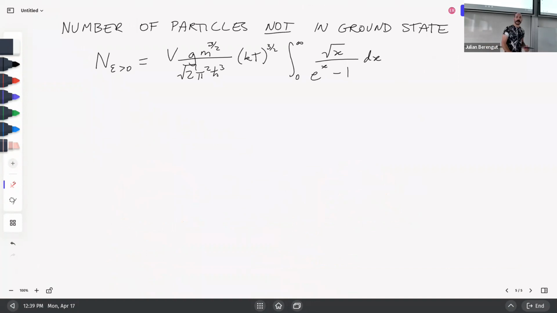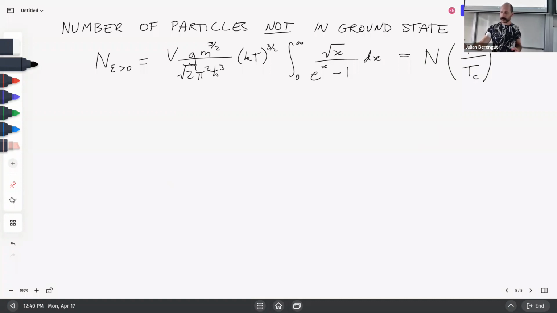So we work out how many are not in the ground state by just doing the same thing, set mu equals 0, and that is some function. That's a number, the integral. There's some numbers out the front. That number is going to be proportional to N, and it's T over TC, just because the units have to look like this, to the power of 3/2. TC we already worked out before. This is exactly the same TC.